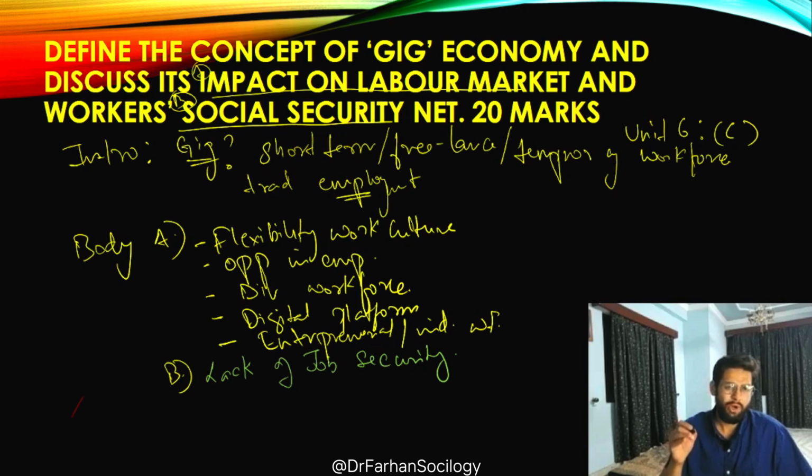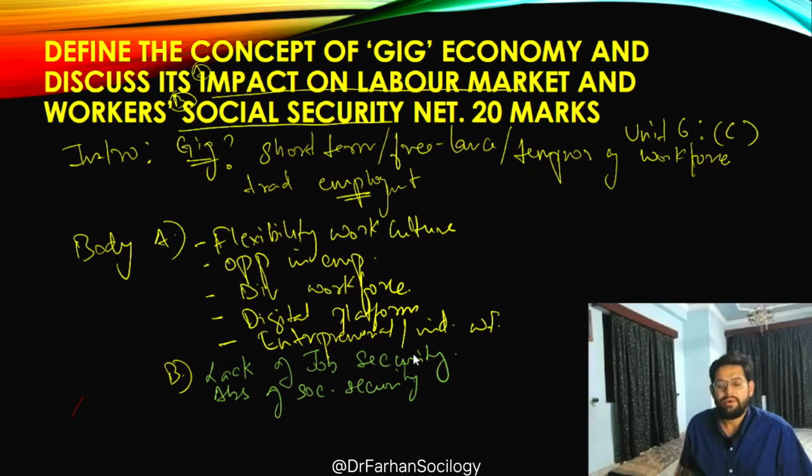All these job securities are being compromised. This is the problem that is going on. Moreover, there is a lack of job security and an absence of social security. So all the benefits that I was counting, pension, provident fund, maternity, these social securities are going to be absent, and there is a lack of job security.